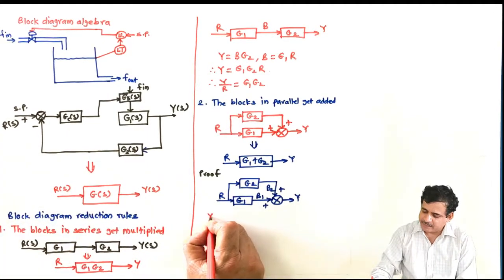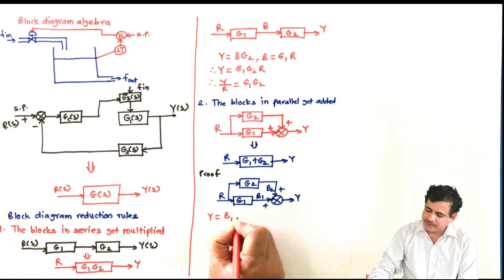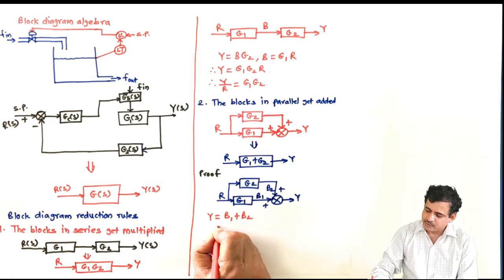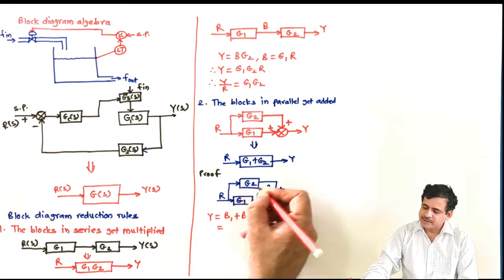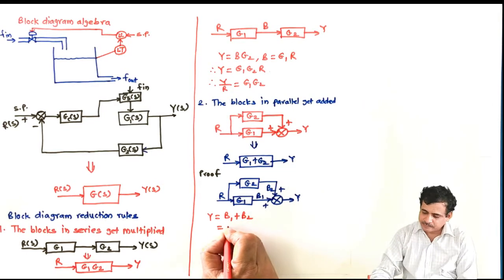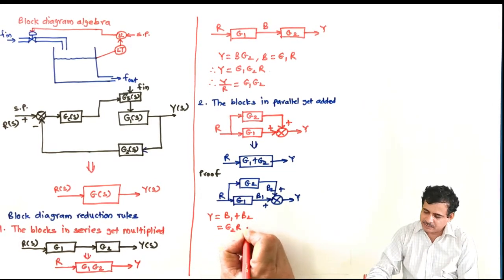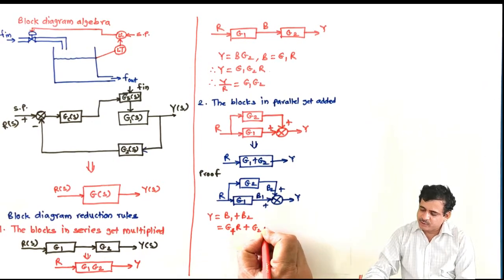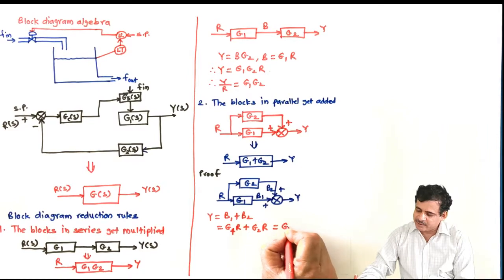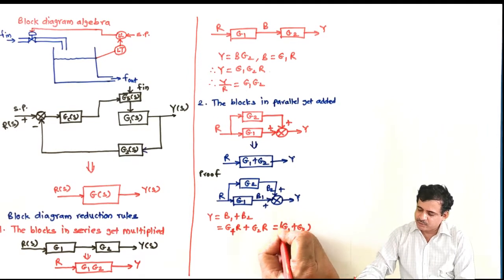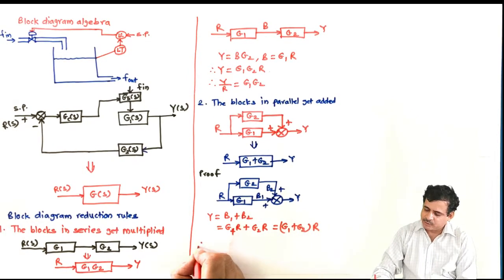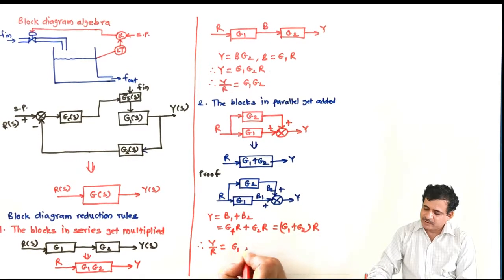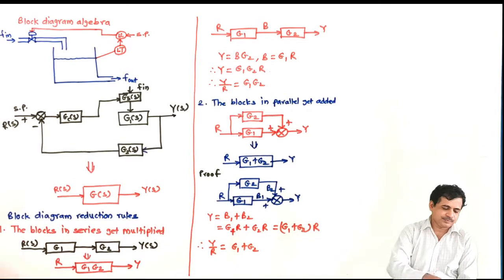So what is y? Y is equal to B1 plus B2. What is B1? B1 is G1 into R. What is B2? B2 is G2 into R. So this is nothing but G1 plus G2 into R. And so Y by R is equal to G1 plus G2.